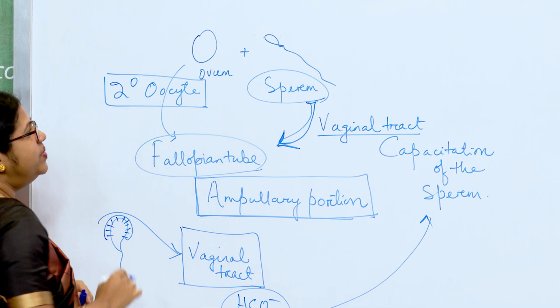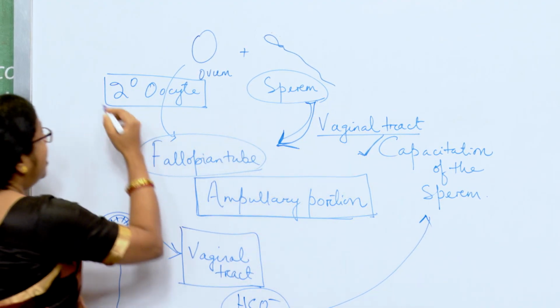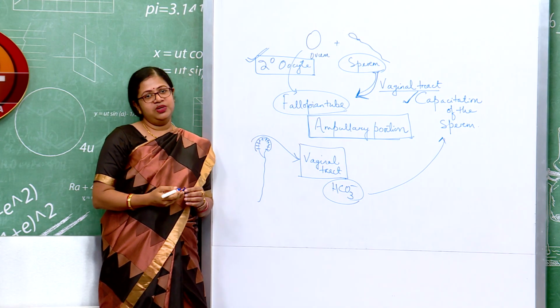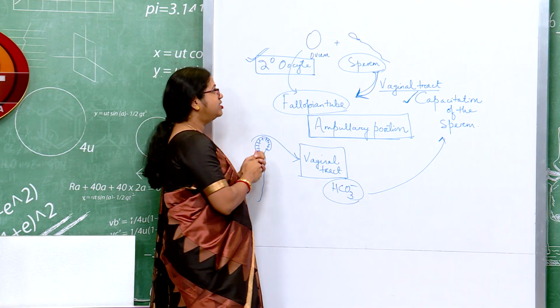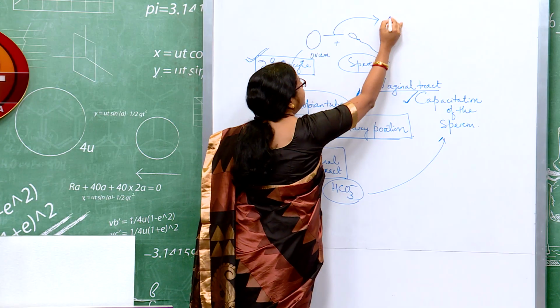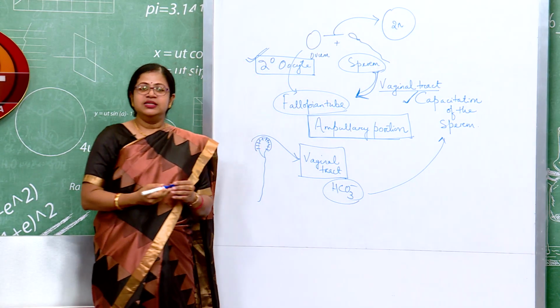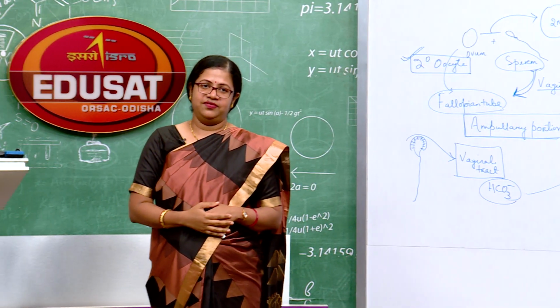So, the two basic requirements: first capacitation should happen, and at the same time a secondary oocyte should be available for fertilization. Once both are available, as we have already discussed, they will fertilize and produce a zygote, and this zygote will come and it will be implanted in the uterine cavity.